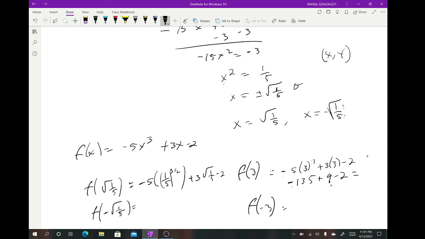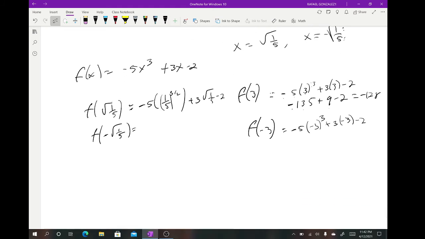So this is simply negative 135 minus 7, which is negative 128. And then for f of minus 3, we're going to have negative 5 times minus 3 cubed plus 3 times minus 3 minus 2. This time everything is going to be negative. So I have, again, negative 135, this time minus 9 minus 2. Now we add everything up, and this is going to be negative 146.